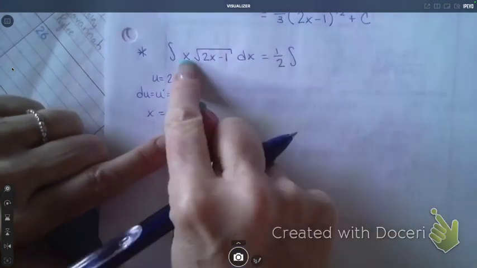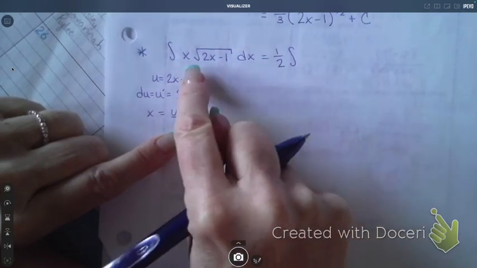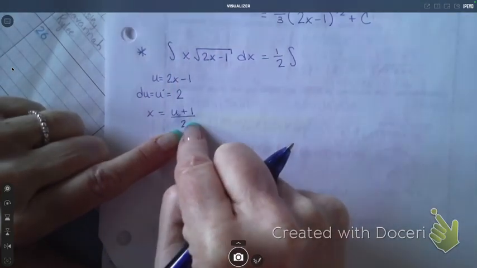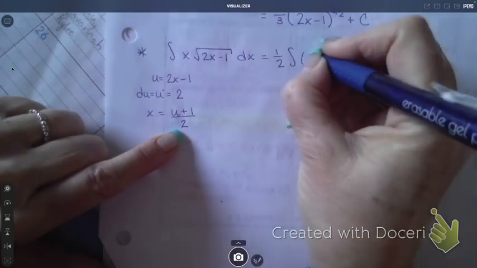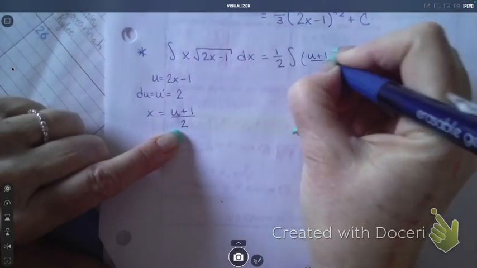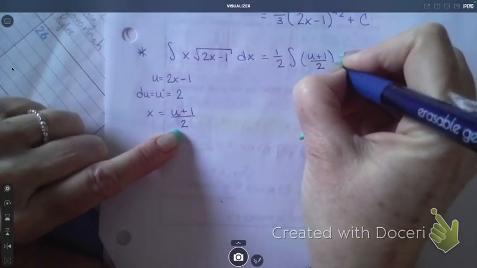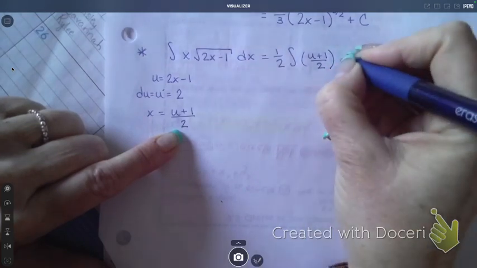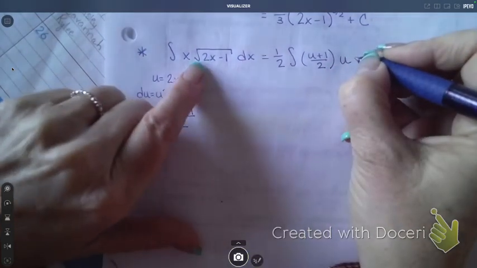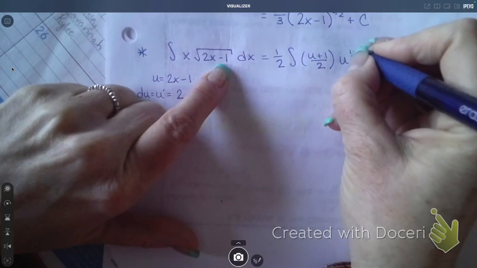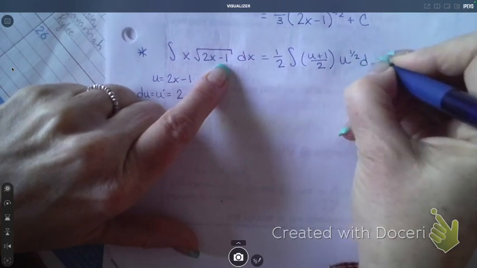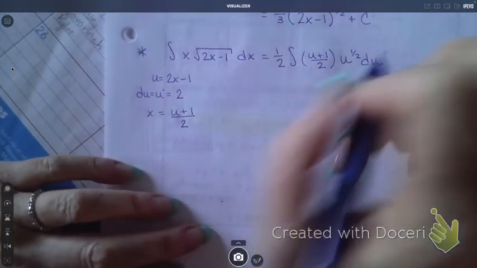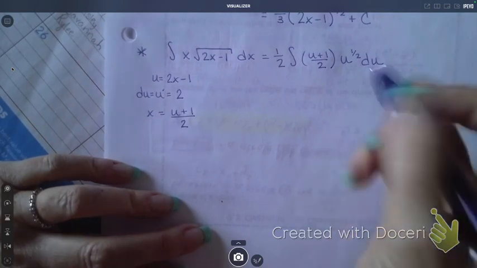So I'm going to substitute it back in then. So x was what? (u plus 1) over 2. So I have (u plus 1) over 2 times u to the 1/2 du. Okay, well that looks gross, yes?